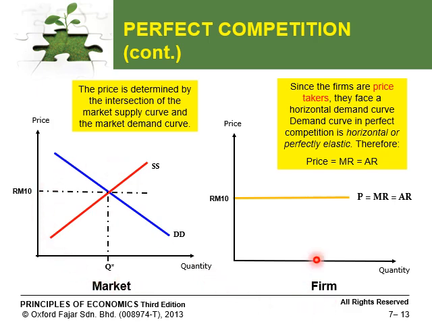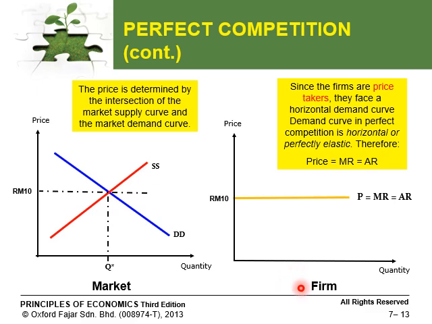Meanwhile, this graph is the individual firm graph, which refers to one firm only. Don't get confused. The market graph represents all the firms inside the perfect competition market, while this one refers to one firm only, one company inside the market. So what is meant by the firm graph inside perfect competition?